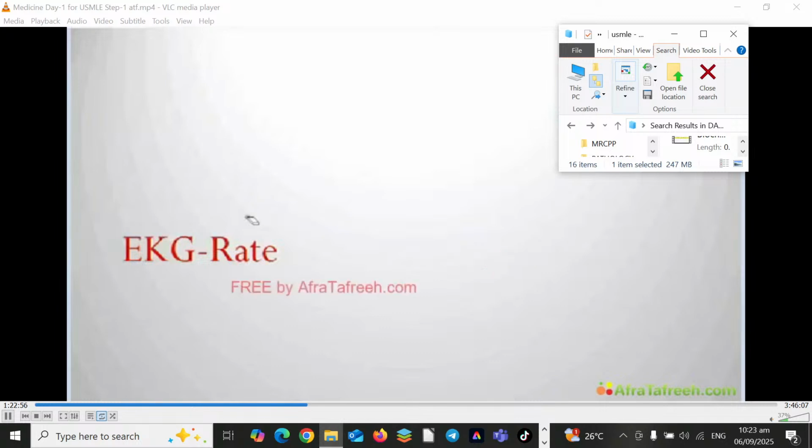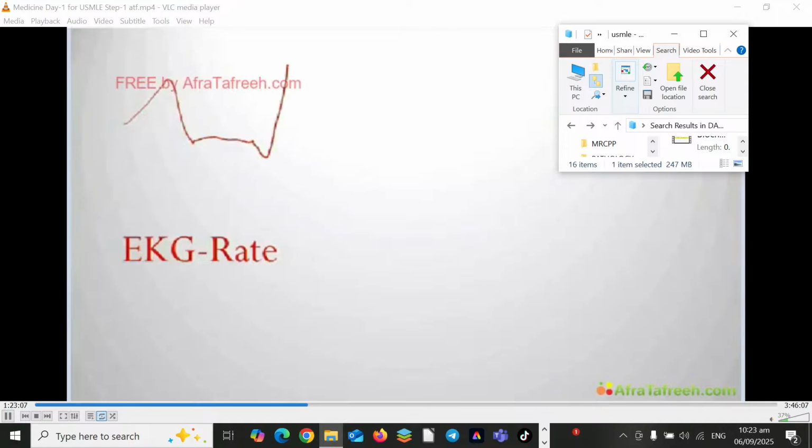As it detects some electrical activity in the atria, it will deflect up and go down, and then it will form a flat line, and then it will drop and go up and down. So this is the basis of the movement of the stylus.